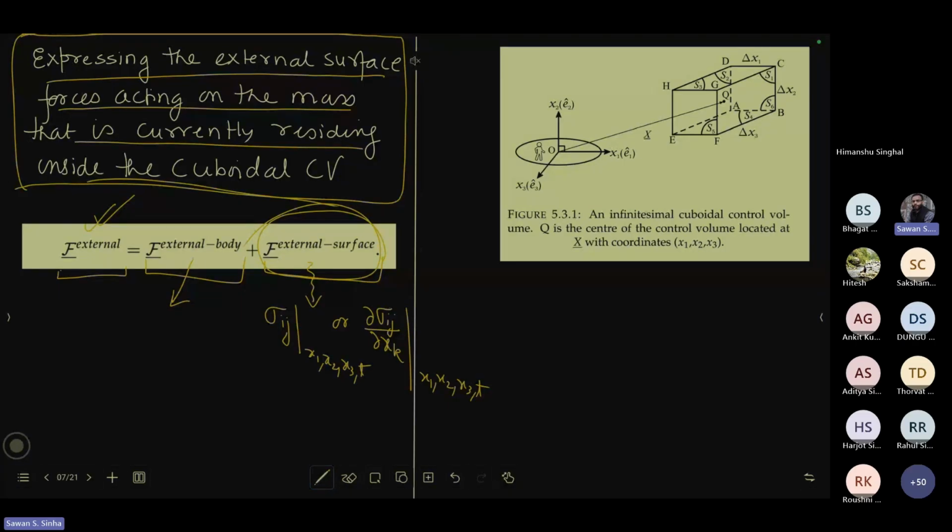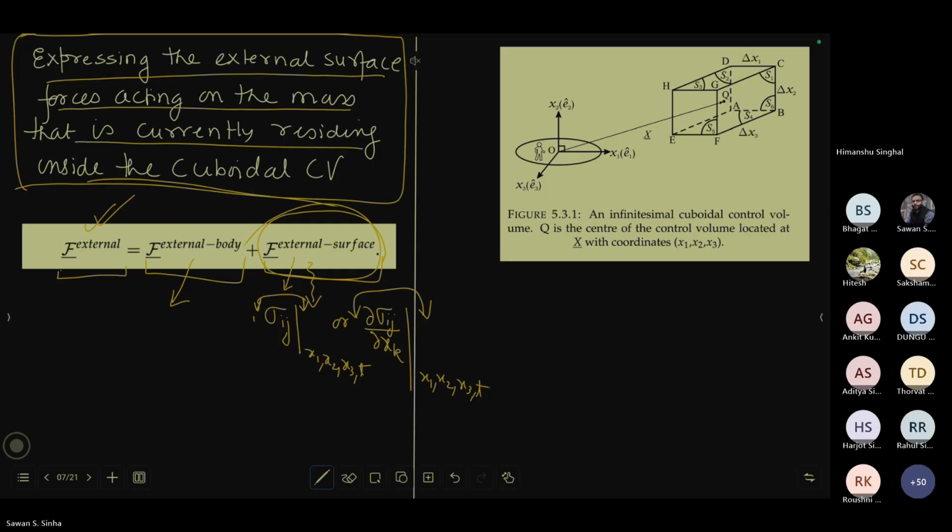Now, with the stress tensor having been defined, I'm going to attempt expressing the external surface forces using various components of sigma ij, or spatial derivatives of sigma ij.